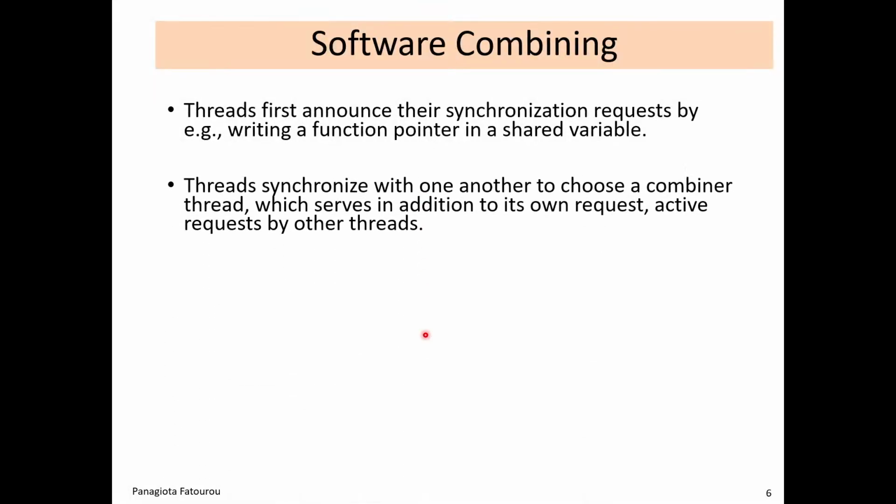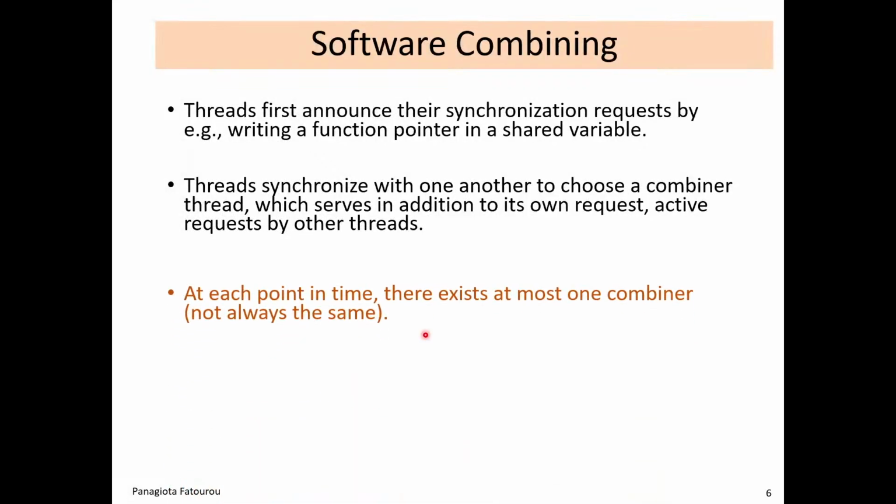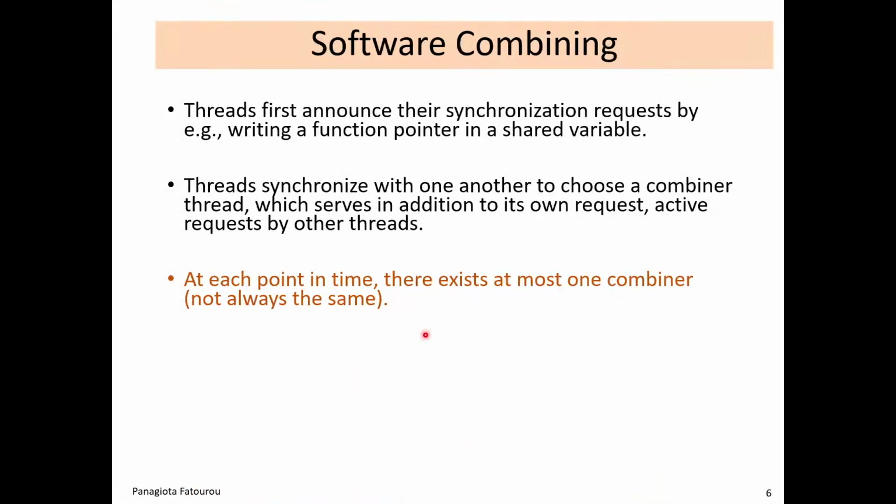And then they have to synchronize with one another to choose a combiner thread, which is going to serve, in addition to its own request, active requests by other threads. At each point in time, there exists at most one combiner, but it's not always the same thread as time progresses.